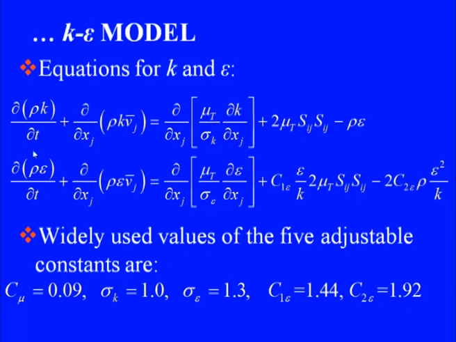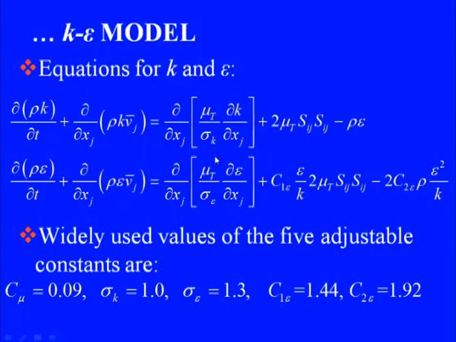So, these two are coupled partial differential equations. In fact, they also involve the yet unknown velocity components. So these two equations for k and epsilon must be solved together with our 3 momentum equations, that is 3 equations for the velocity components.